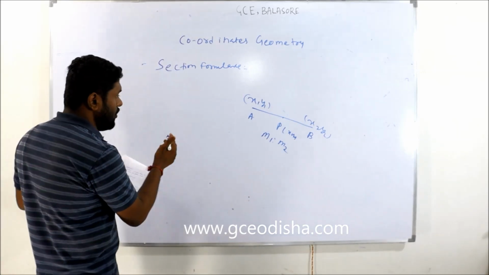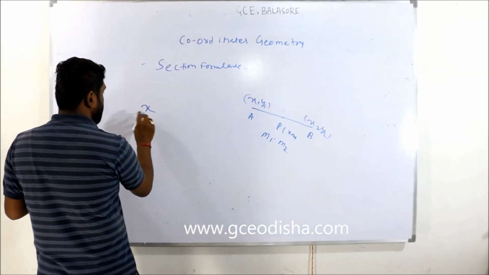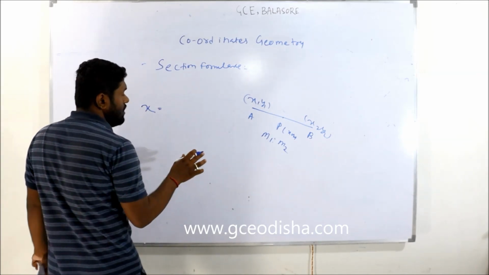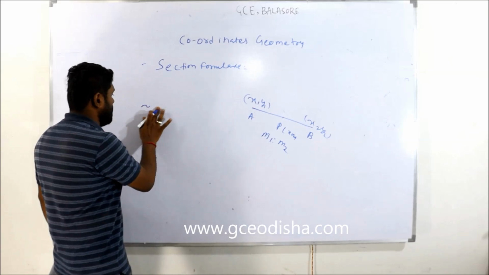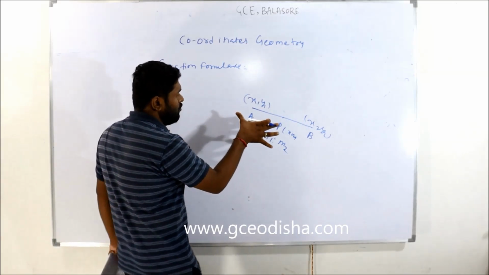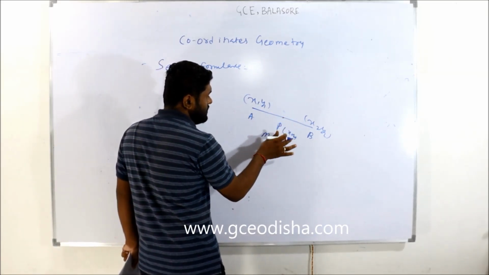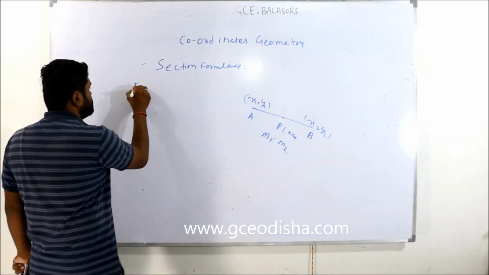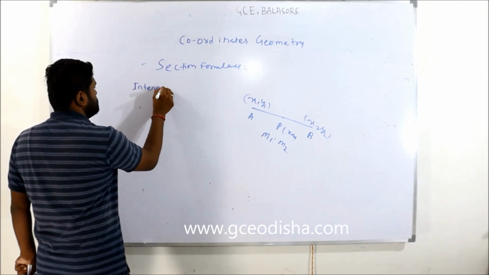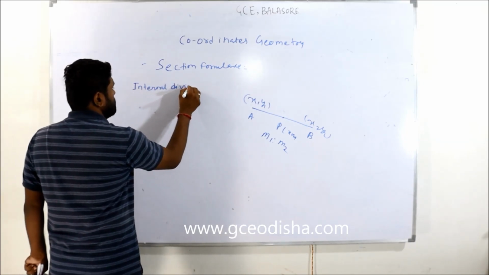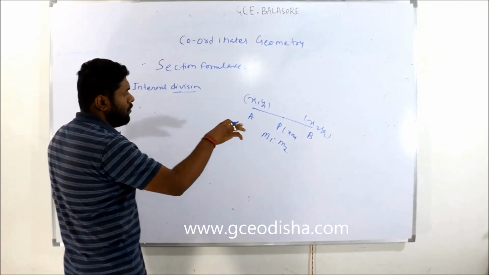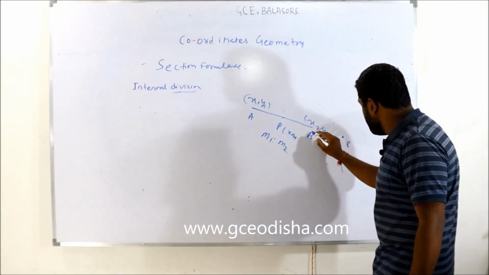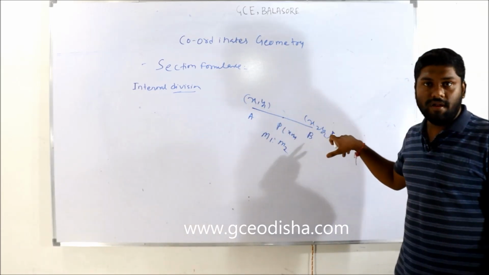Then how can you find the point P? Point P has two coordinates x and y. When the point P lies internally between the 2 points, this is called internal division. When the point P is here, it lies on the line AB externally.